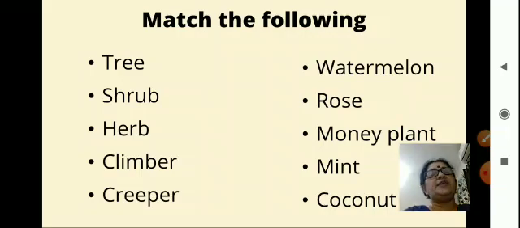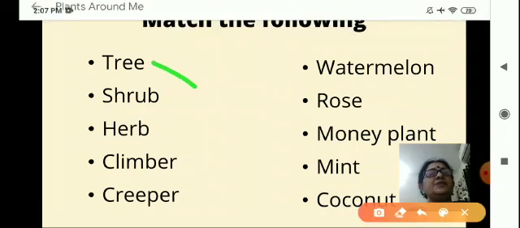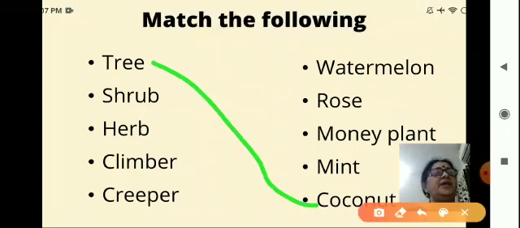Now first one we will take, tree. Which one is the tree here? Yes, we have to match tree and coconut.